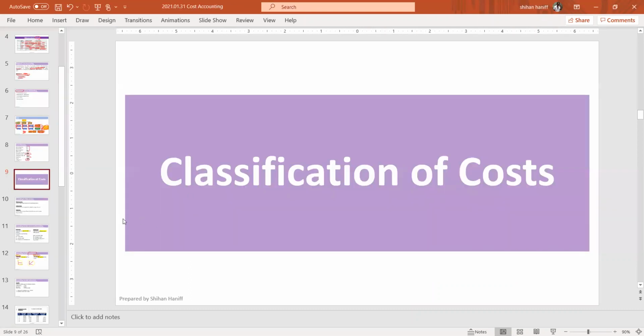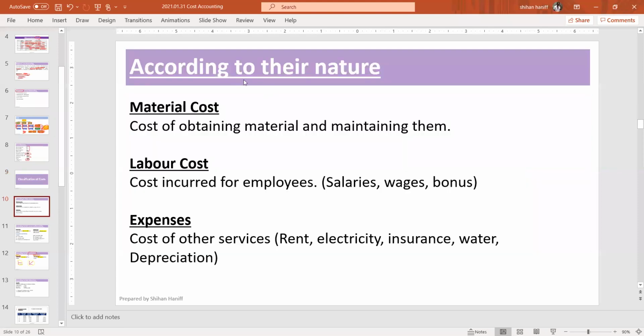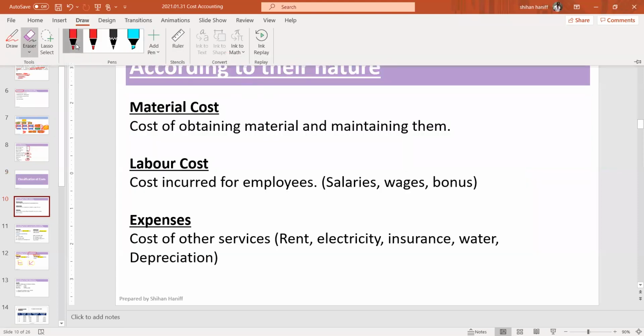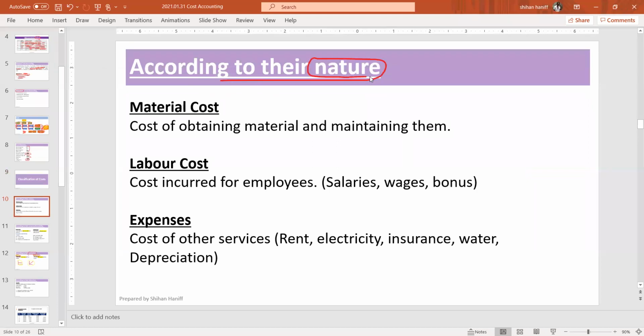So we can classify the cost into different types. Initially we classify the cost according to the nature: material cost, labor cost, and all other costs.